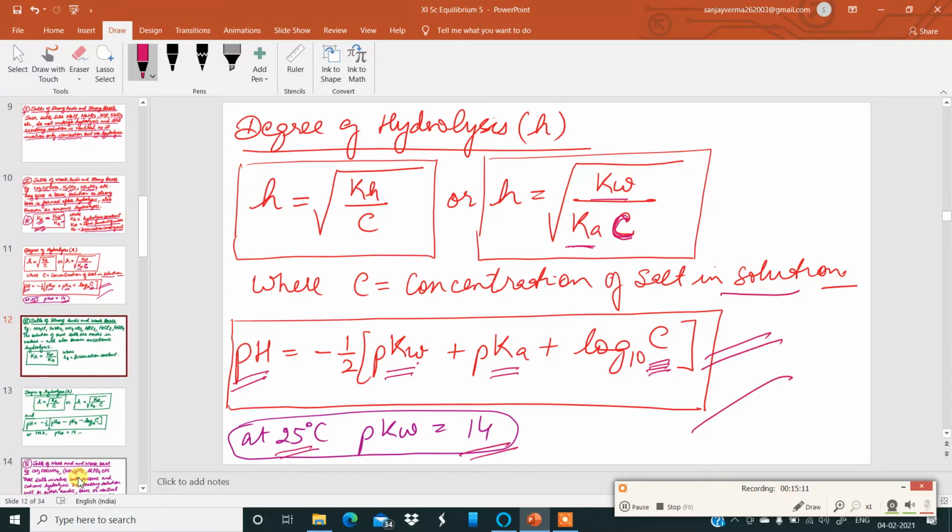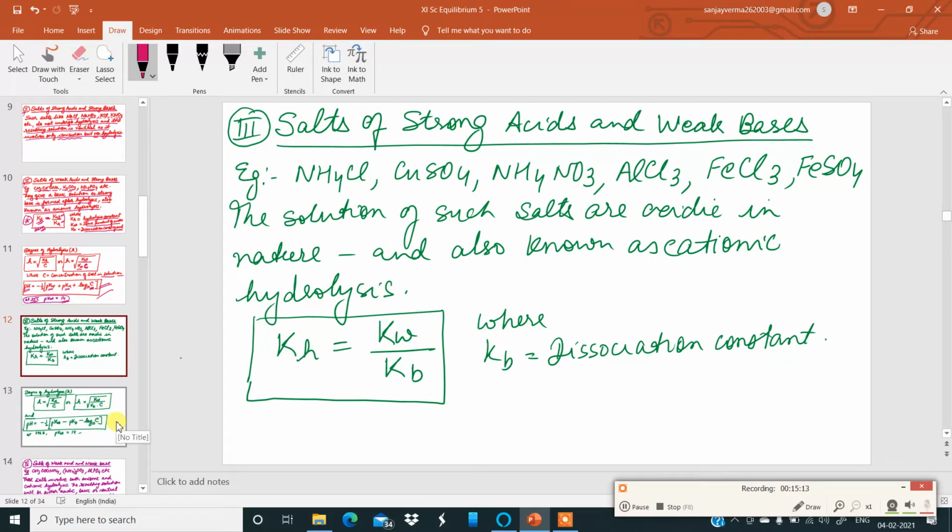Further, next, the third type: salts of strong acids and weak bases. Now the acid is strong, the salt contains a strong acid and a weak base. Examples, we have ammonium chloride, chloride from a strong acid, ammonium from a weak base; ammonium sulfate, strong, weak, and so on. Okay, so these are examples of salts which contain strong acids and weak bases.